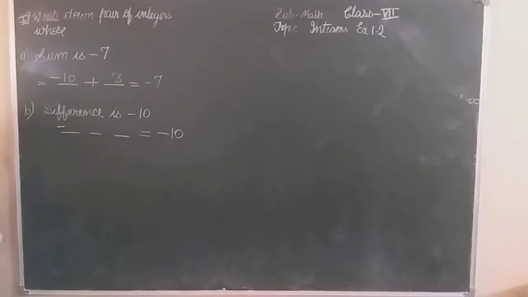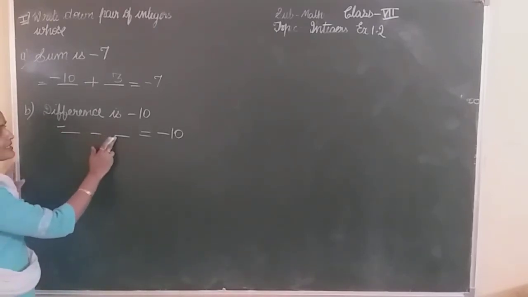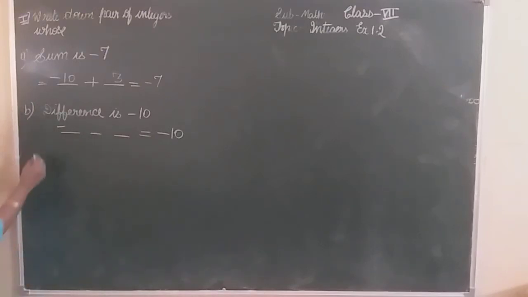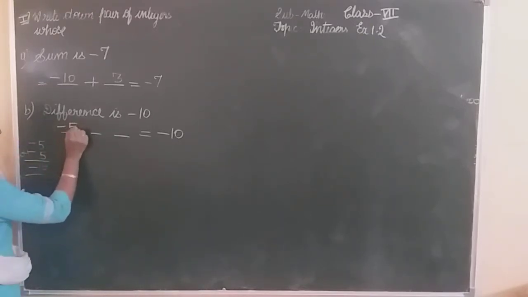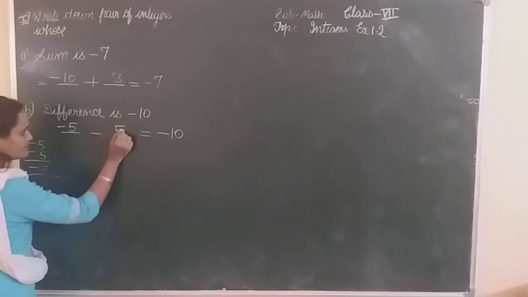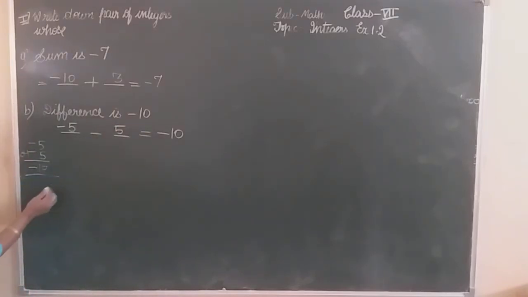You can take 5 plus 5, but when you take -5 you will get -10. See, -5 minus into minus plus, or you can take -7 and -3 also. When you subtract with the rule of integers you get -10. So we'll take -5, the answer is -10.